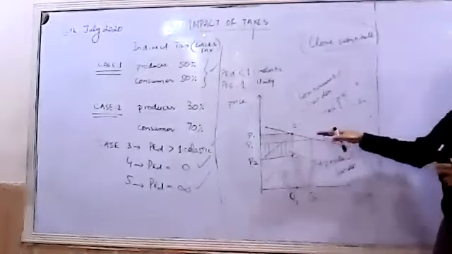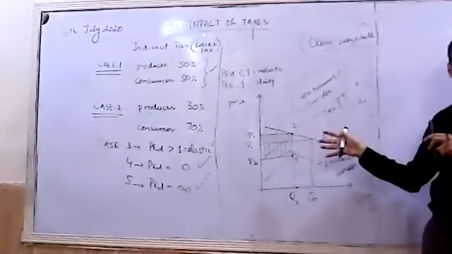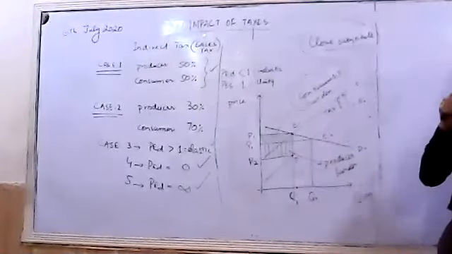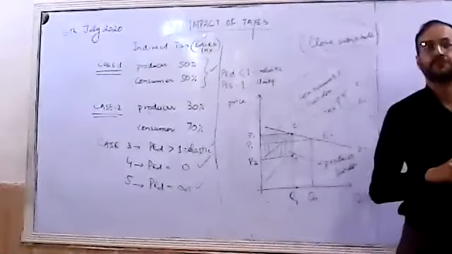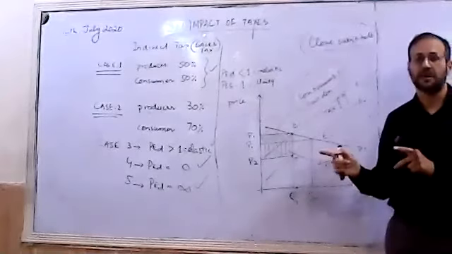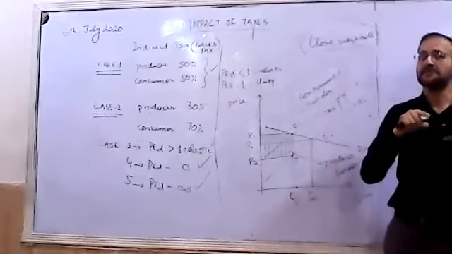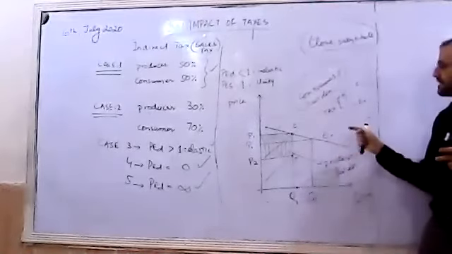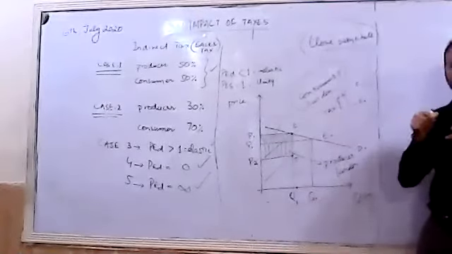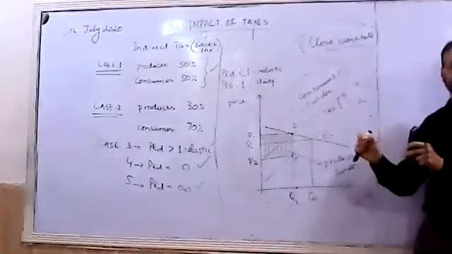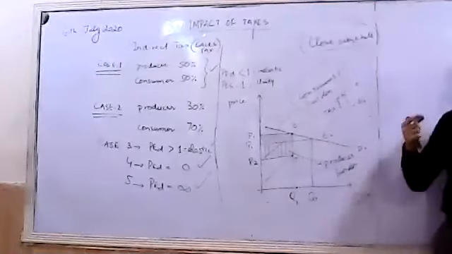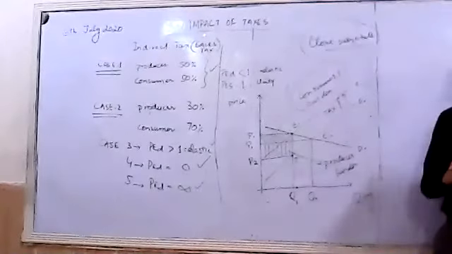If the elasticity is lower in value, which means it's inelastic, then they are more capable of transferring the burden onto consumers. But if their product's elasticity is elastic, that means they are not in a position to transfer more burden. Rather, they have to bear more burden themselves.